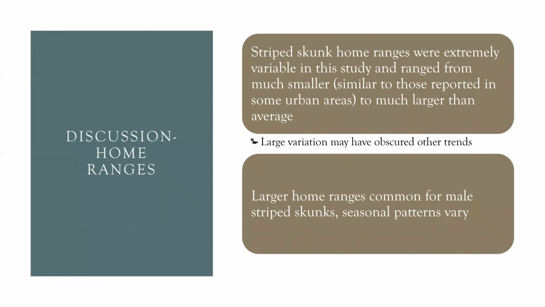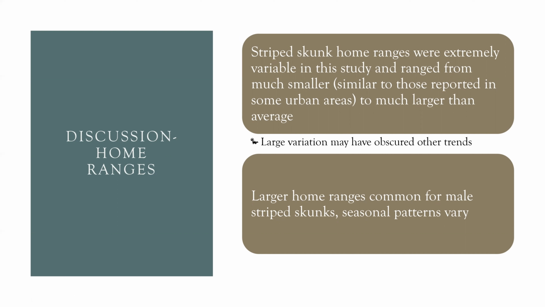So overall, striped skunk home ranges were extremely variable in this study, and they ranged from super small, similar to those reported in some urban areas, to much larger than average. This large variation may have obscured some of the other trends that I was trying to test for, but it is interesting to see how different those home ranges were within a smaller area.